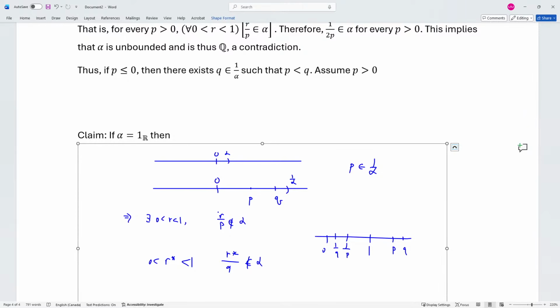R is the shrinkage factor for 1 over p. 1 over p is not in alpha for sure, but we have r over p is not in alpha either. So what do we squeeze? 1 over r over p is not in alpha.